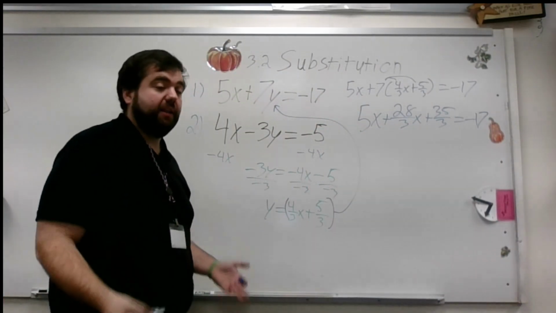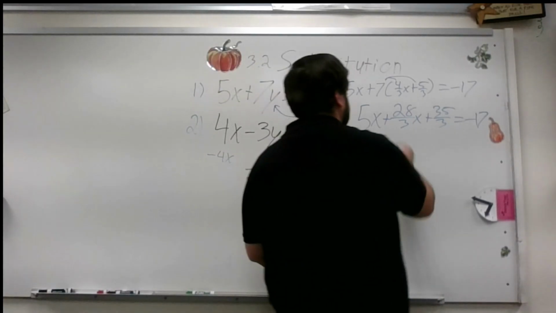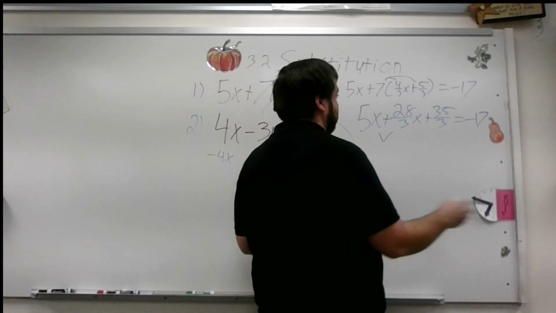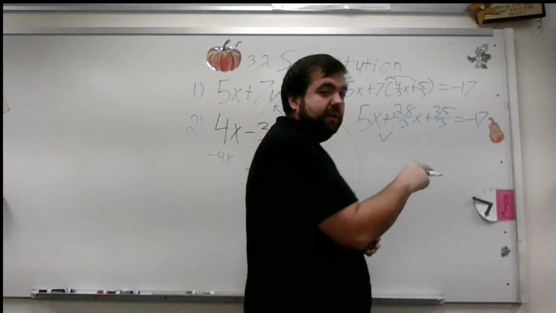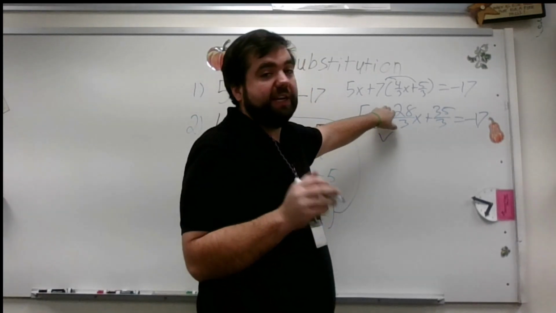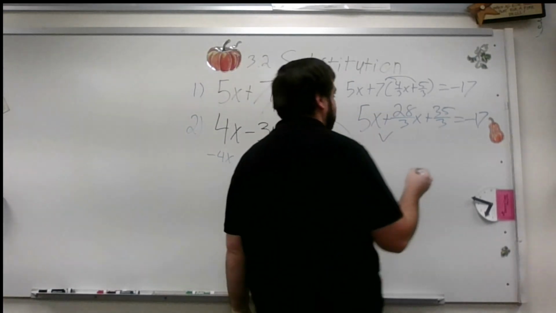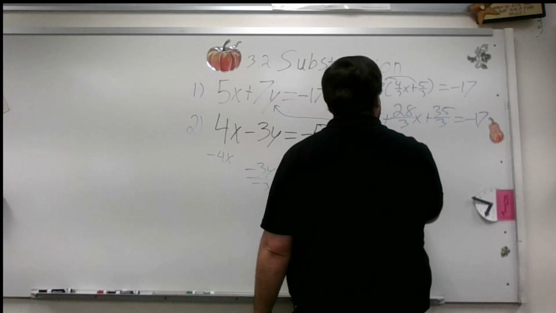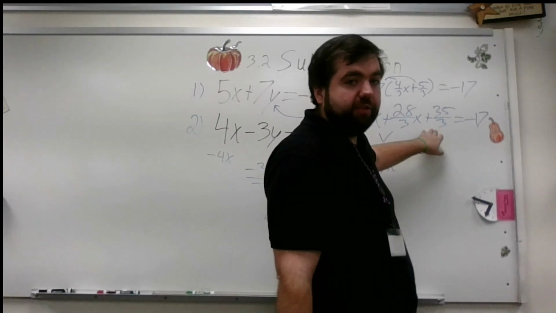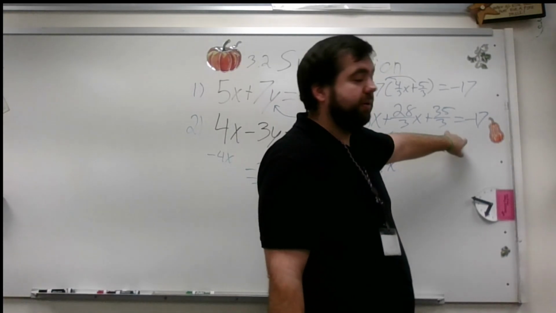I then combine like terms. So, combine these. 5 is really 15 over 3. 15 plus 28 is going to give me 43 over 3 x. I then subtract 35 over 3 from both sides.